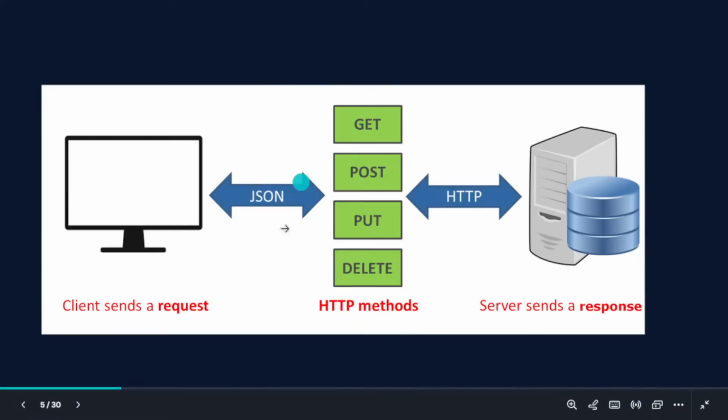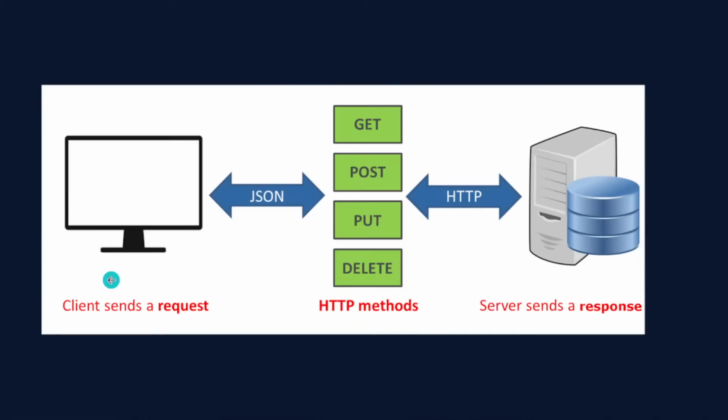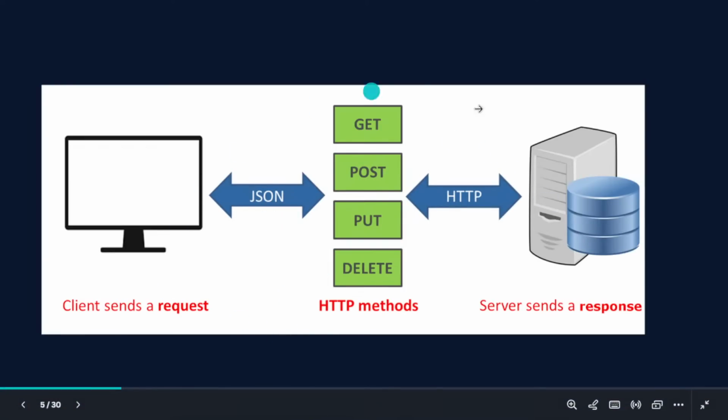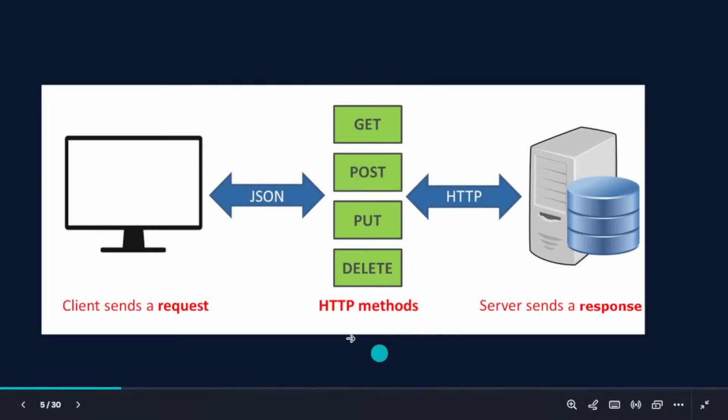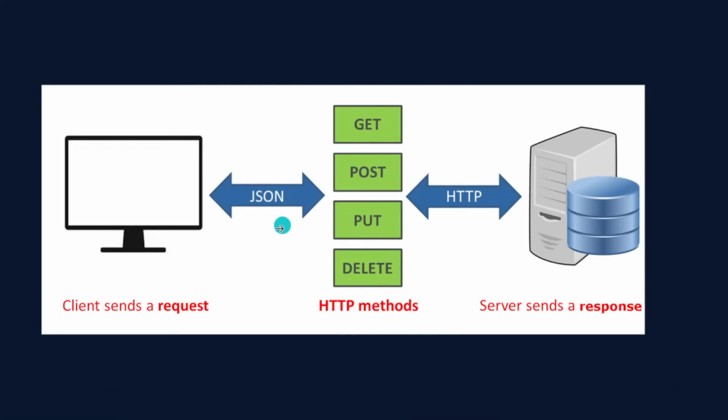The user gives the request, and the server gives the data. Basically these are API functionalities, but REST does only these operations: we get the data, we post the data, we put the data, we delete the data.